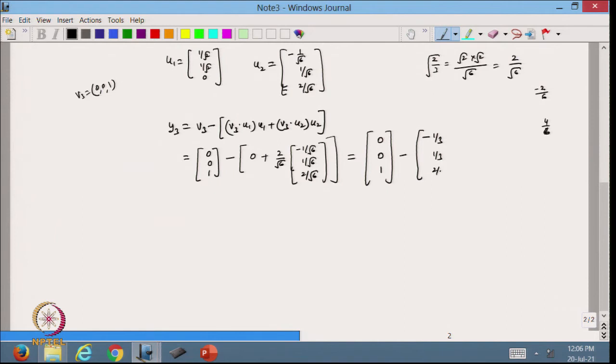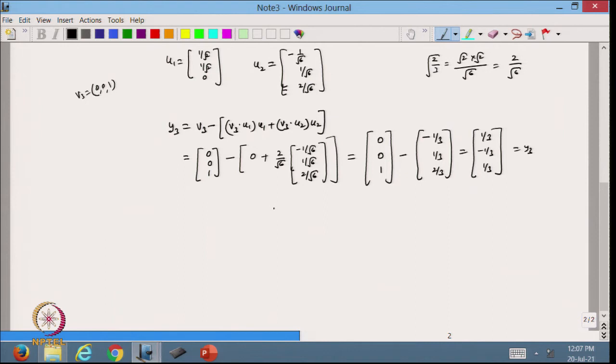So, it is 2 by 3, this one. This vector will be, so this minus this, it is minus 1 by 3, 1 by 3, and 1 minus 2 by 3 is 1 by 3. So, that is my y3.